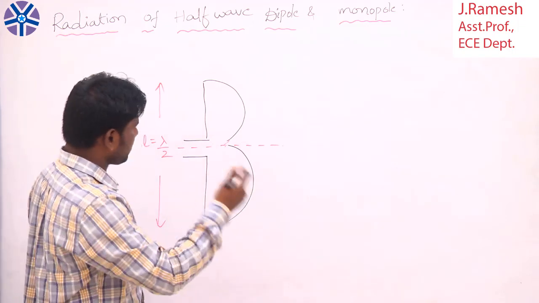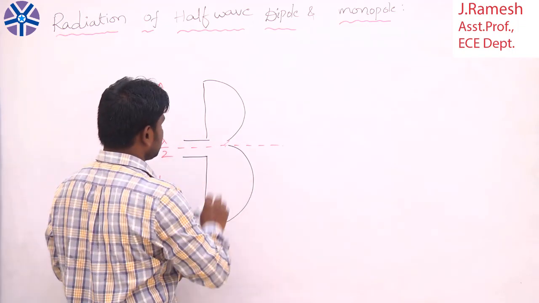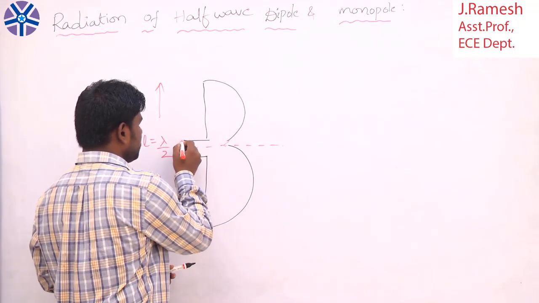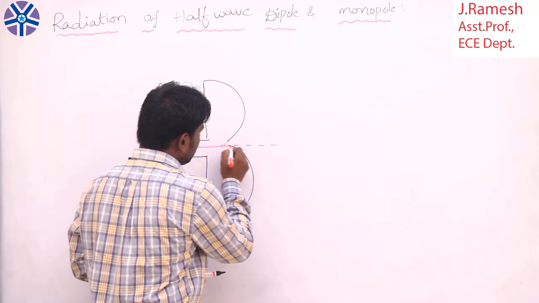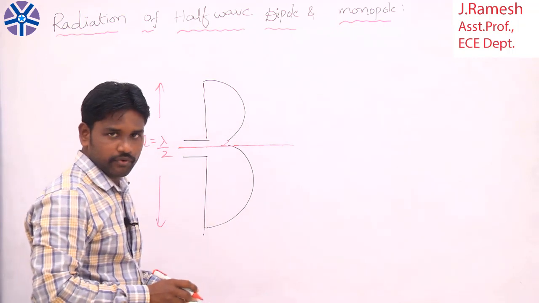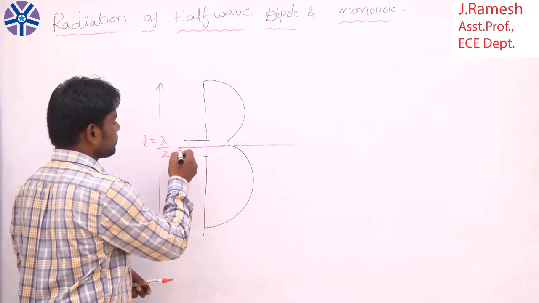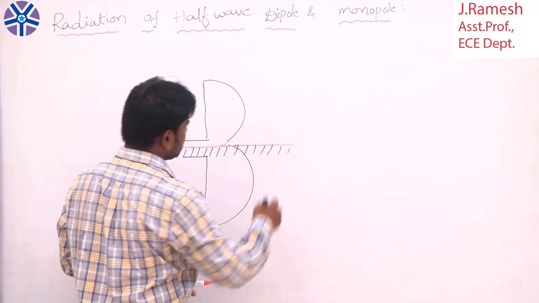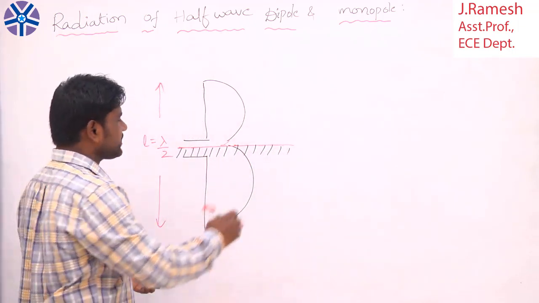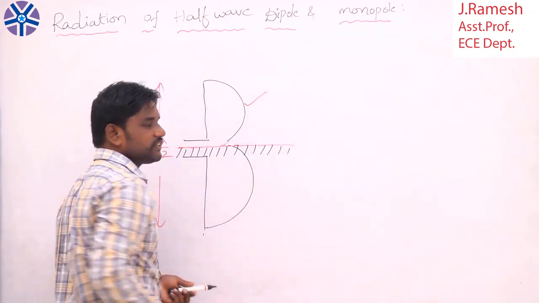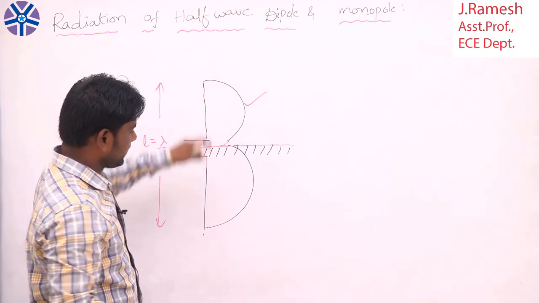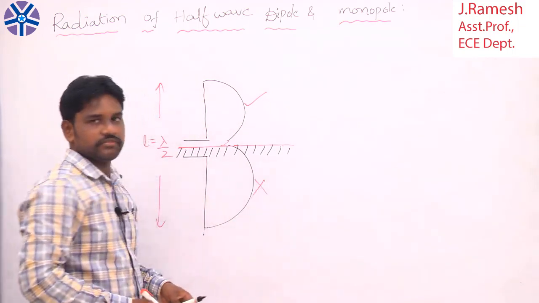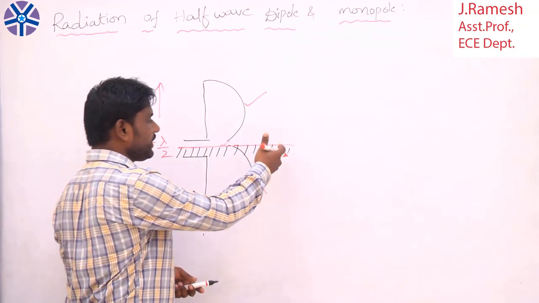If you rewrite this, this is exactly the center of our half-wave dipole. If you replace this by a reflecting ground, like this, then what will happen? The radiation comes only from half of the antenna, and it will never give radiation from this portion, because it is completely reflected.